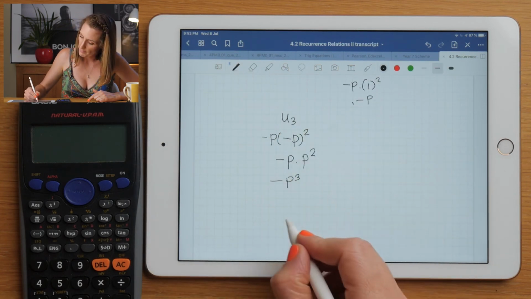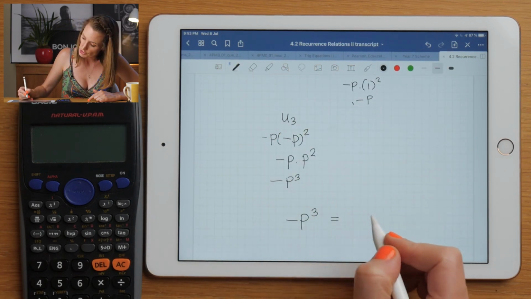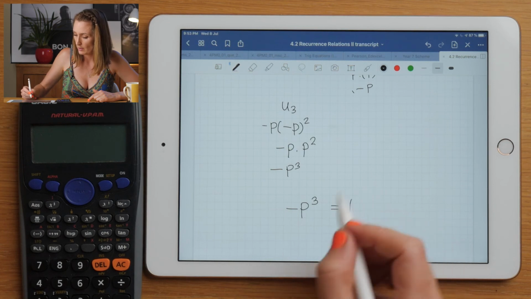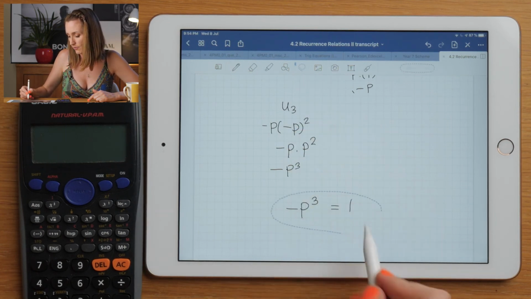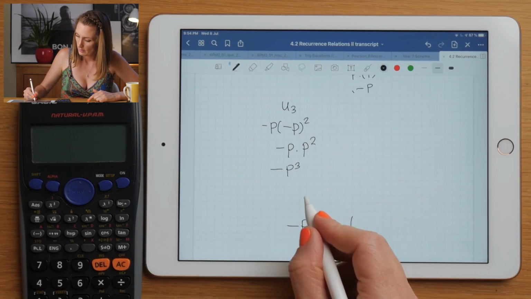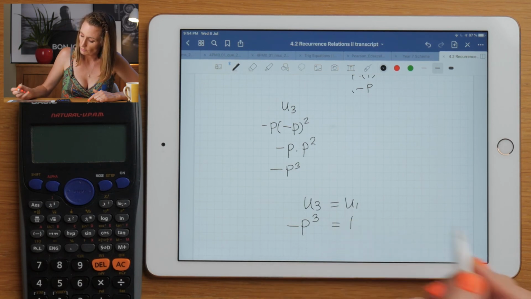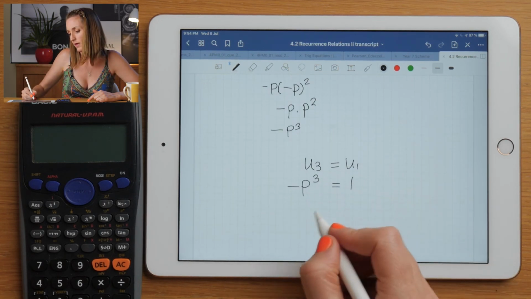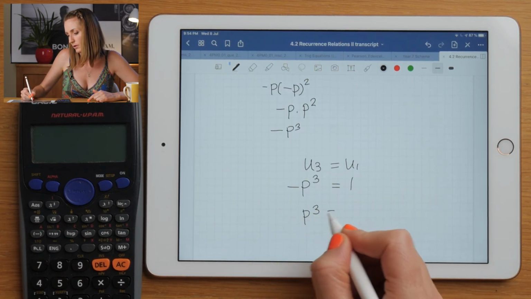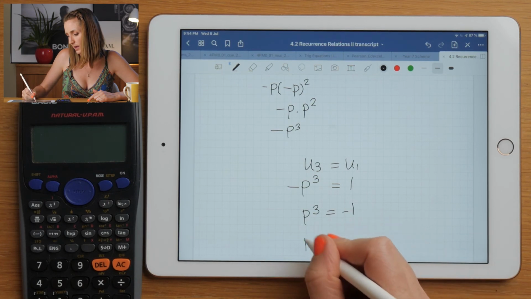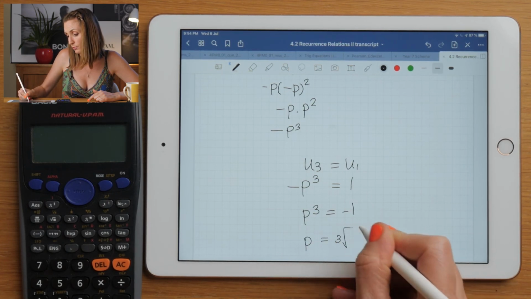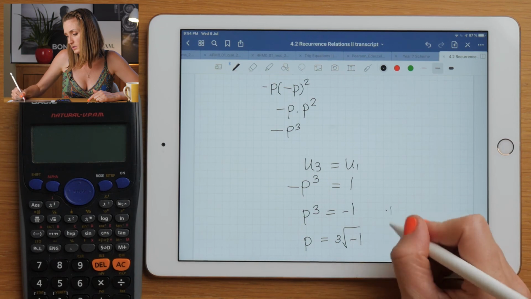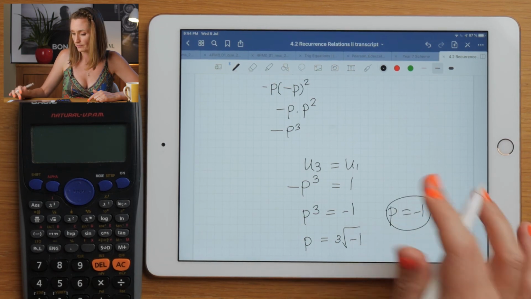So we know that minus P cubed should be the same as 1, because U3 is the same as U1 because of that period. So then P cubed should equal minus 1. And P would have to be the cube root of minus 1, which is minus 1.